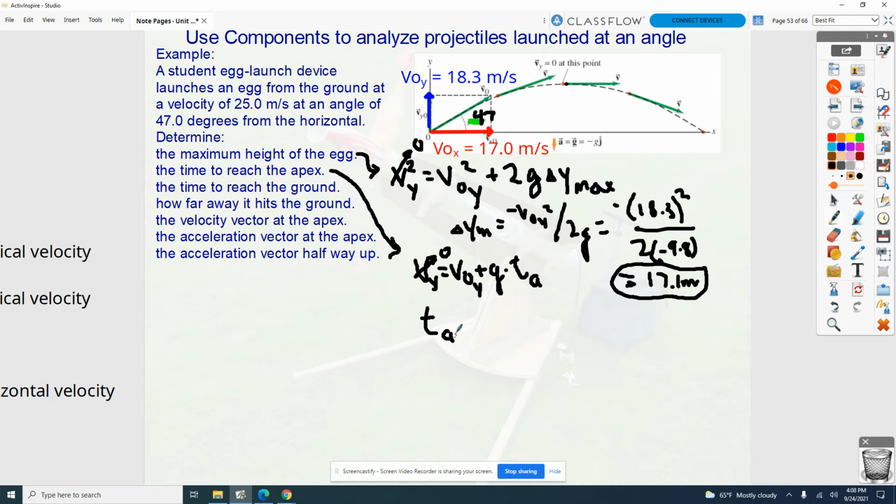So t would be equal to a negative v naught y all over g, and just like we did before, we have negative 18.3 divided by negative 9.8, and we get just about 1.87 seconds.